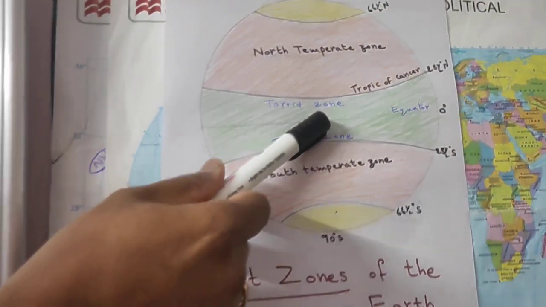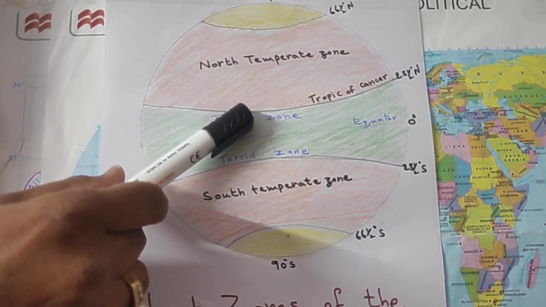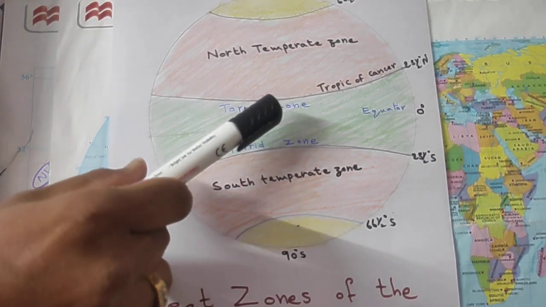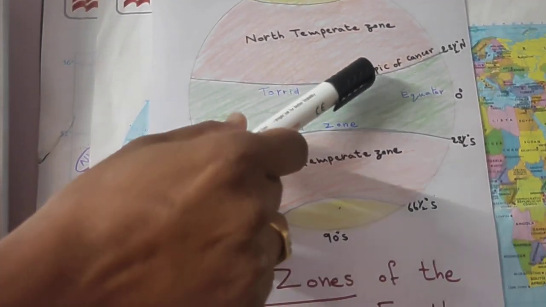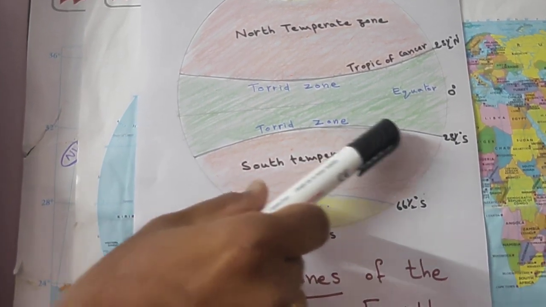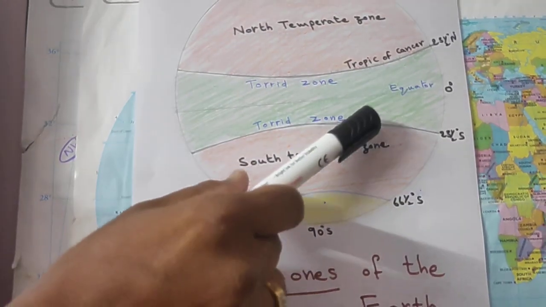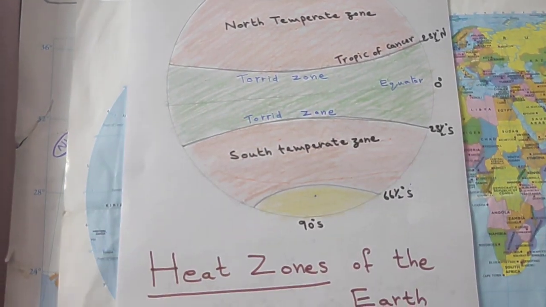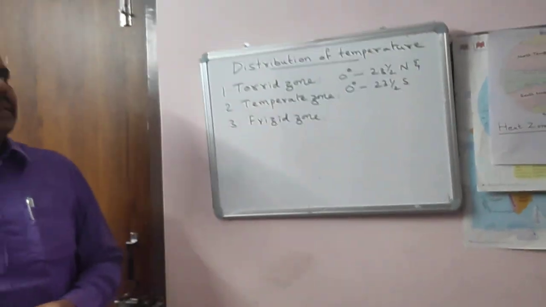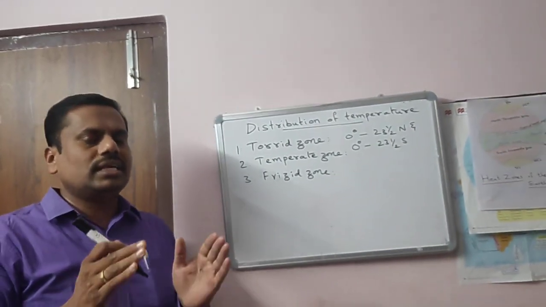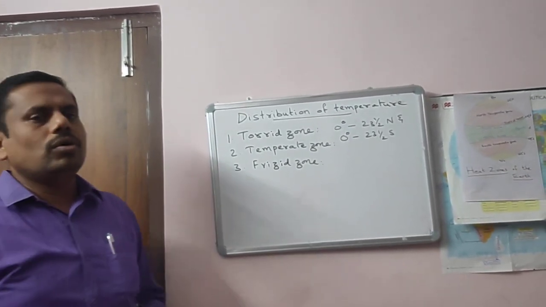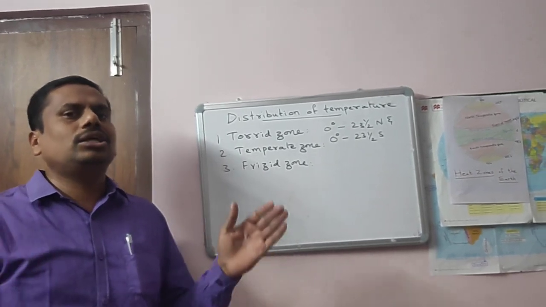That means the entire torrid zone lies between Tropic of Cancer and Tropic of Capricorn. The zone which lies between Tropic of Cancer and Tropic of Capricorn is called torrid zone. This zone receives more insolation because on this zone the sun's rays fall vertically. That's why this zone receives more insolation than other zones.